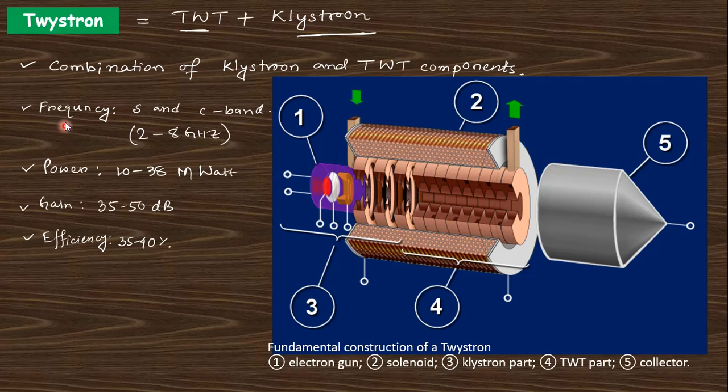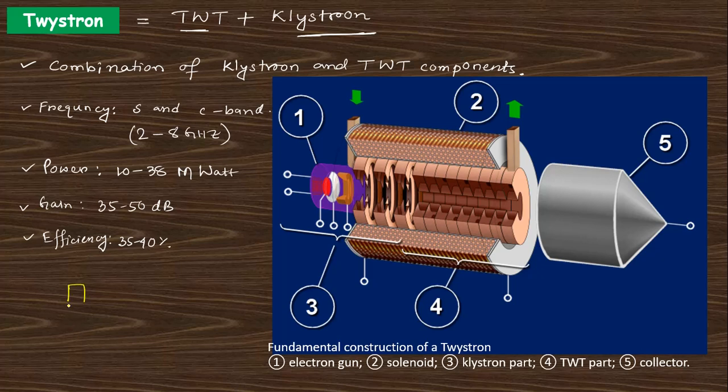And you can see, this is a klystron. This is actually a combination of TWT and klystron, and the frequency range, power, gain are given. You can see here, the first part is the klystron part, number 3, this portion, and the last part is TWT.